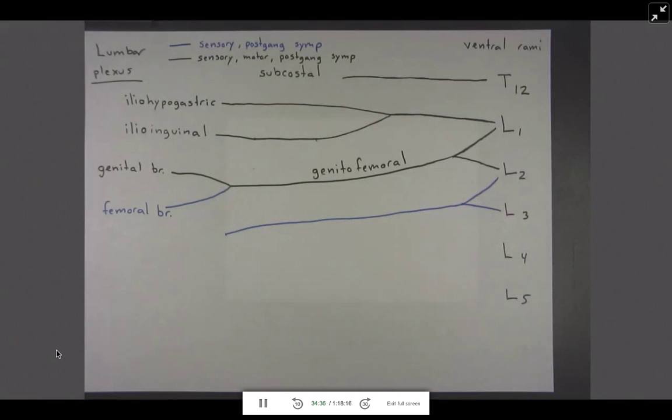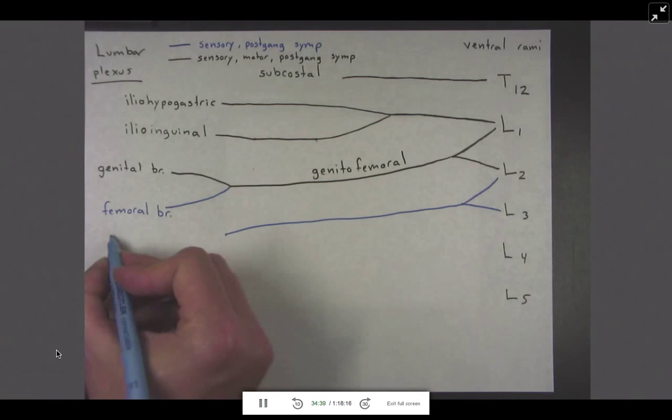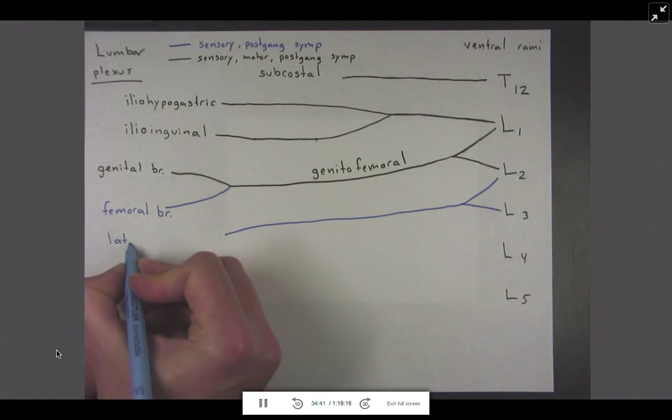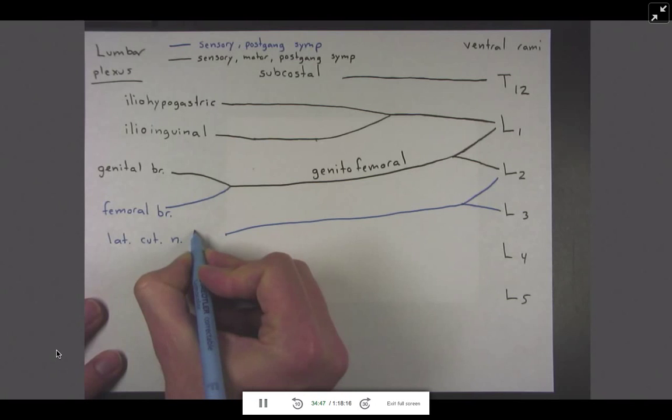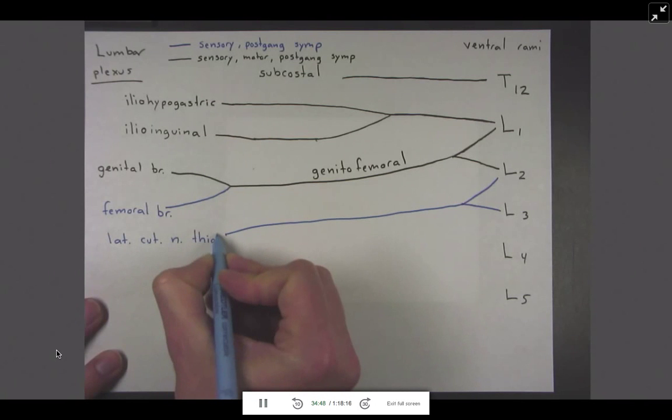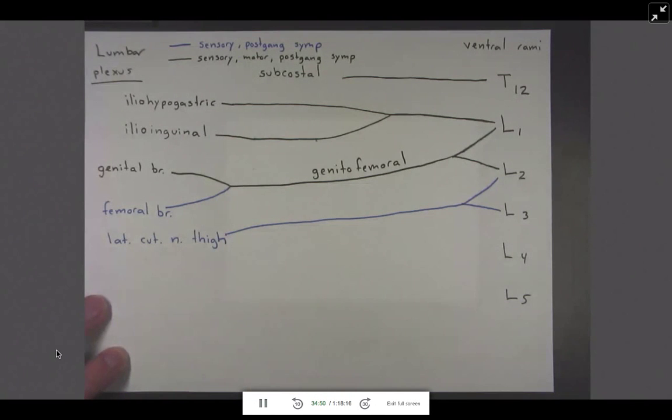And the nerve that contains L2 and L3 is the lateral cutaneous nerve of the thigh. Lateral cutaneous nerve of the thigh. You could also say lateral femoral cutaneous.